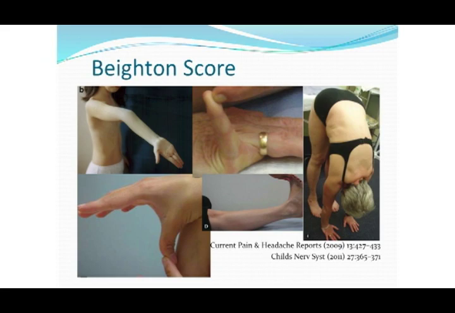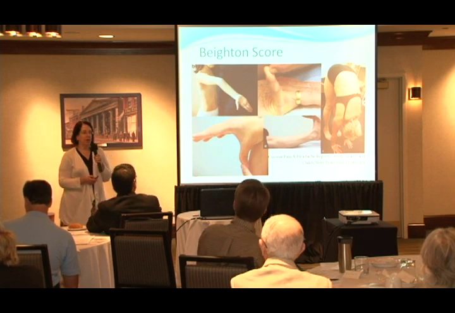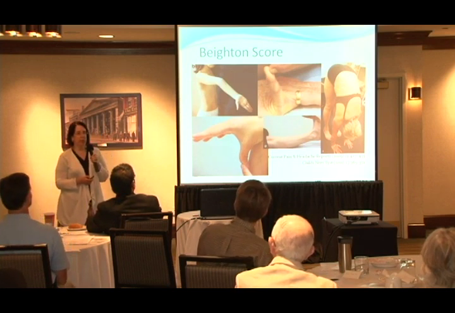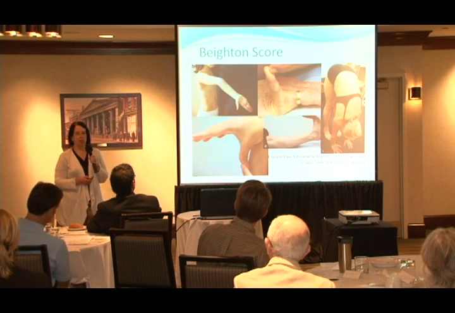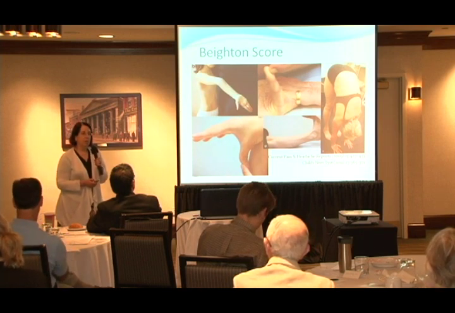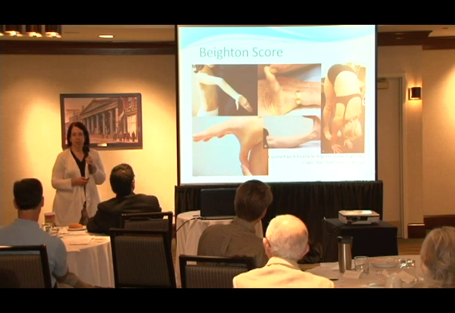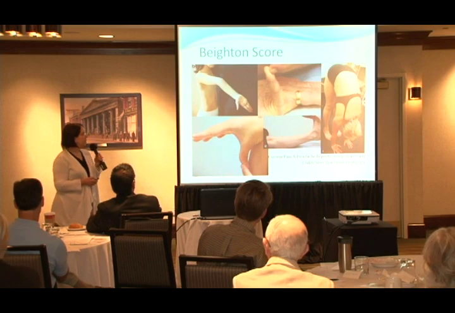But the truth is, what we've come to realize over the last maybe 5 to 10 years, is that Ehlers-Danlos syndrome is very much more than this. There are many children and adults who are suffering from complications that involve multiple organ systems that have absolutely nothing to do with the joints.